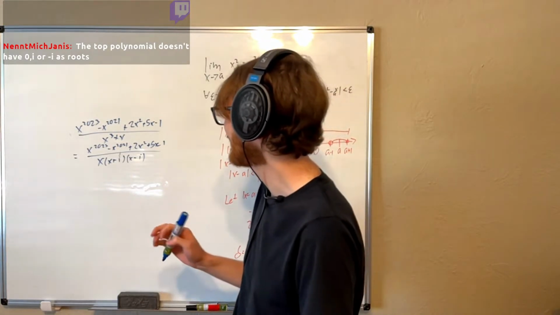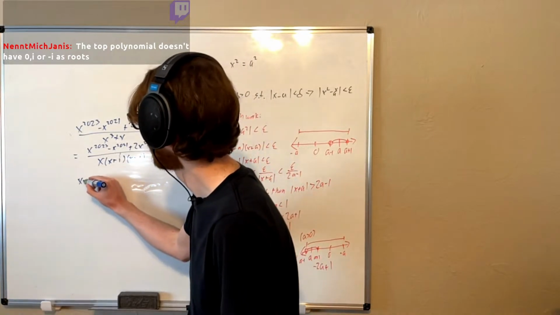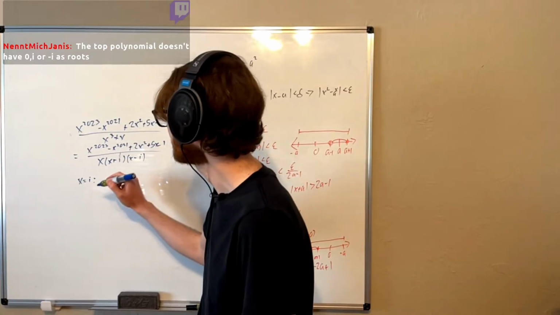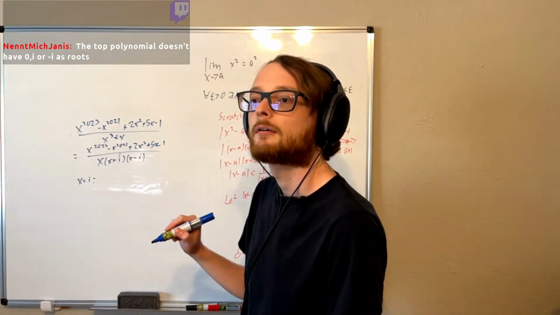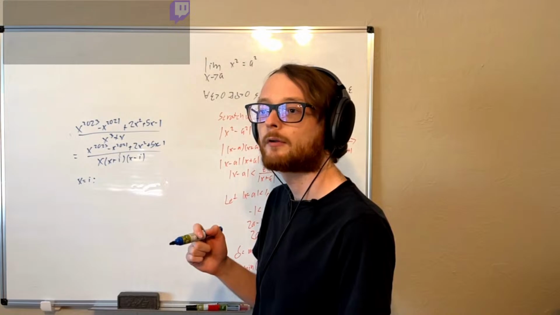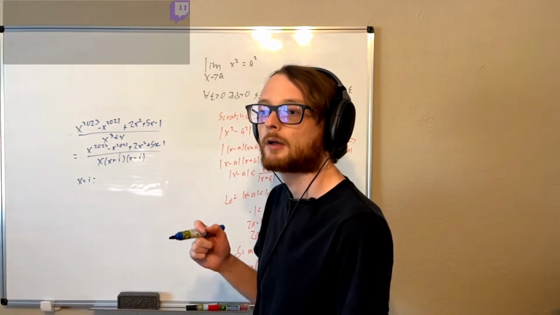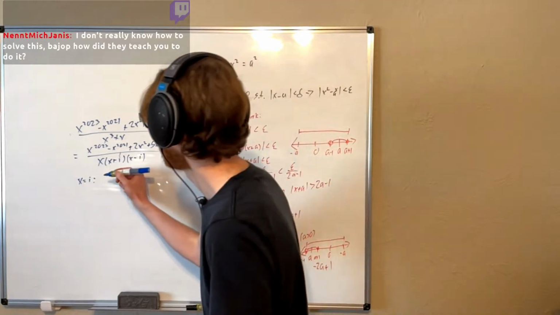So let's just try it with x equals i. On top you get i to the 2023. It's like i cubed, right? Because 2024 is divisible by 4. And i cubed is negative i.